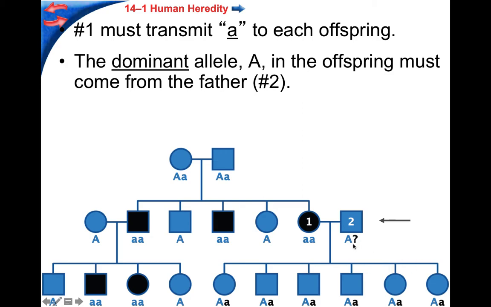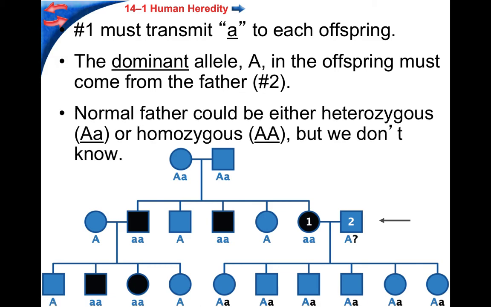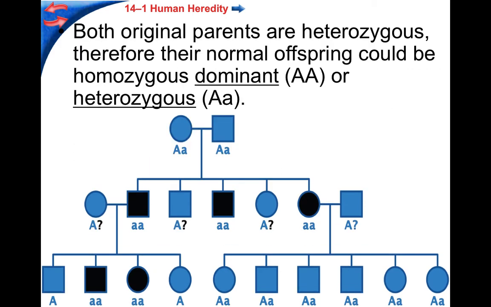So if this guy was heterozygous, meaning he had a lowercase a here where the question mark is, it would have been very highly improbable that this scenario would have come out. He probably would have had an albino kid or two, or actually three, because it would have been half of them, approximately. So we don't actually know for sure, so we're going to leave that one as a question mark. Okay, so the normal father could be either heterozygous or homozygous dominant. We just don't know, so leave it as a question mark.